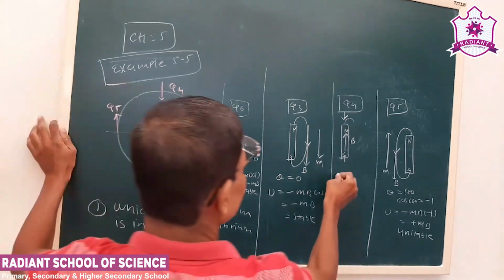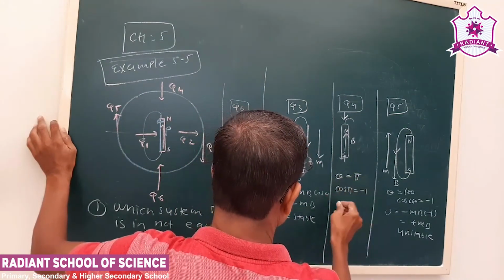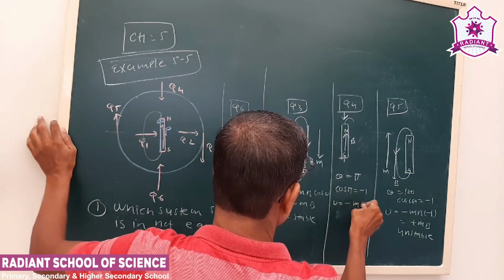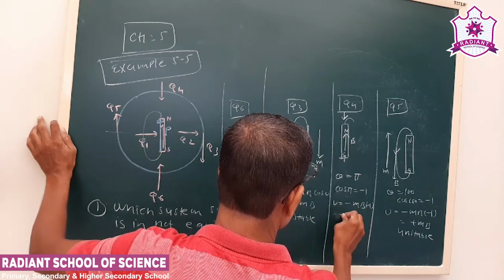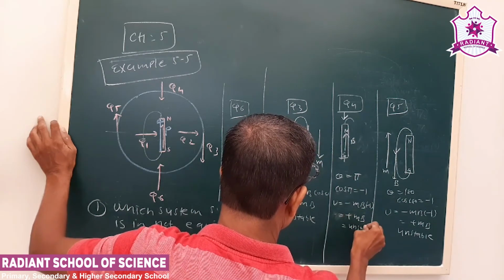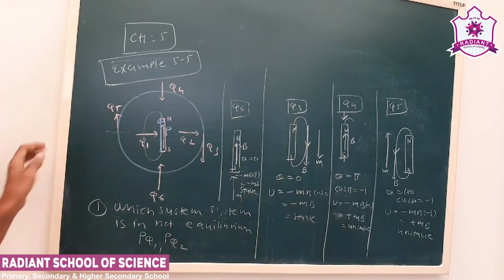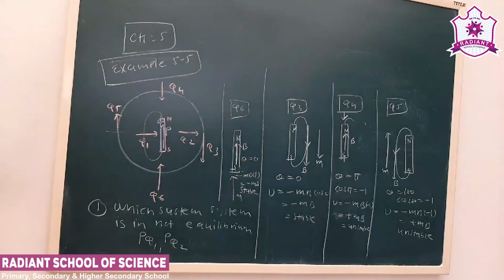What is the angle here? Theta is pi, cos pi is -1. So what we see is that when M and B are in the same direction, it is in stable equilibrium.